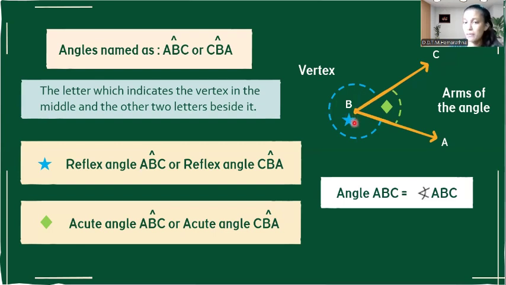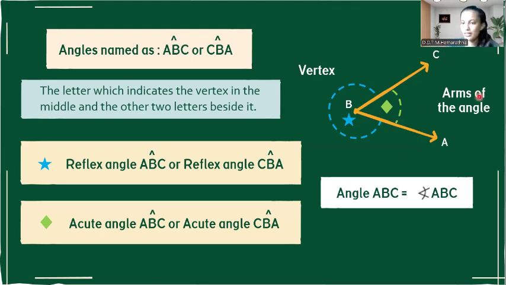But we have to mention whether it is an acute angle or a reflex angle. We should clearly mention this as an acute angle and this as a reflex angle. This is acute angle ABC, or we can also call it acute angle CBA. When we name this angle, we can call it reflex angle ABC or reflex angle CBA.